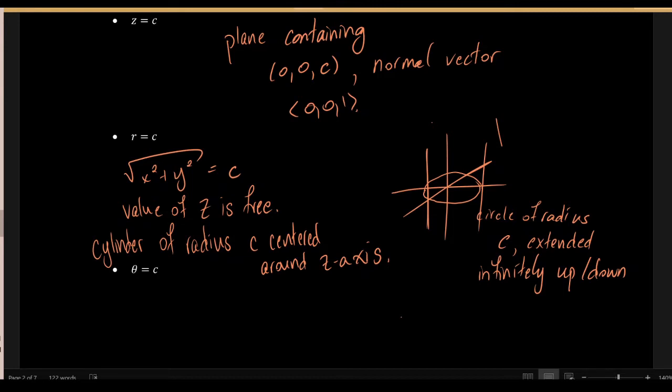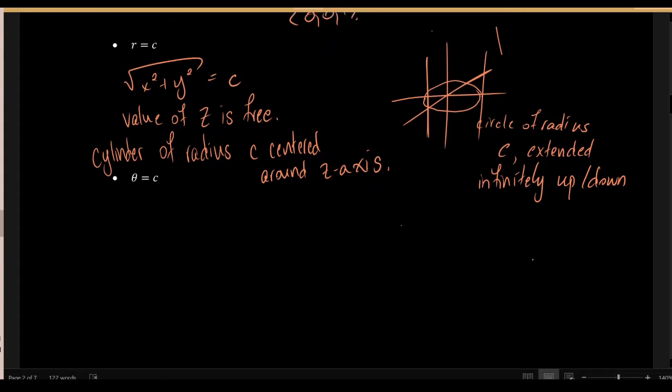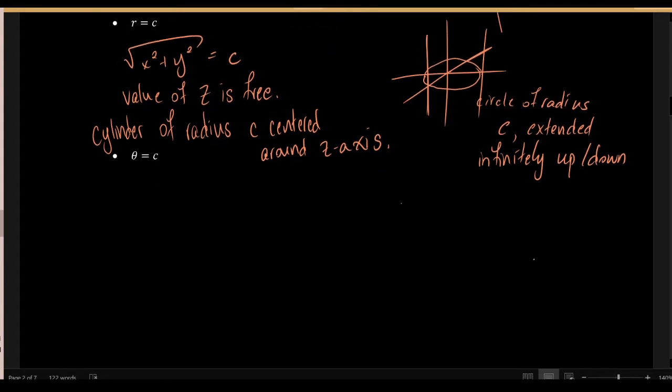Now, what kind of shape do we get if the other cylindrical coordinate is equal to a constant? If theta is equal to c, then the only condition that needs to be satisfied by the point on your graph is that its angle with the positive x-axis has to be c radians.